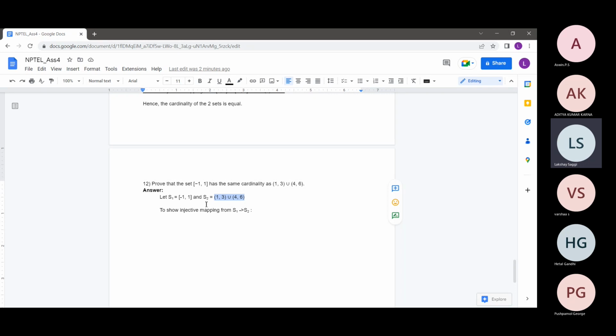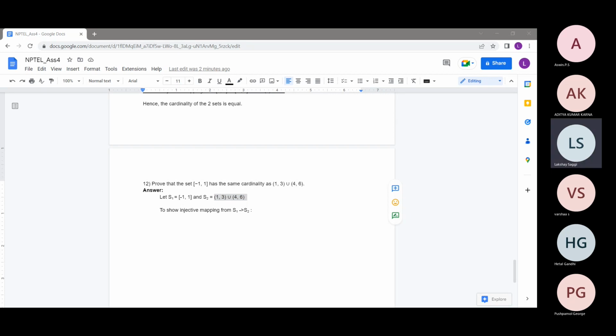You can just take linear functions, which are generally always one-one, and try to construct a linear function which lies in the range. You can just check whether it lies in the range 1 to 3 or 4 to 6. You don't need to show onto, you just need to show that the value should be part of this set S2.